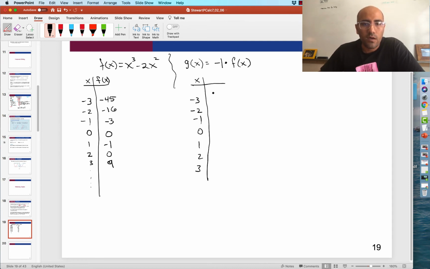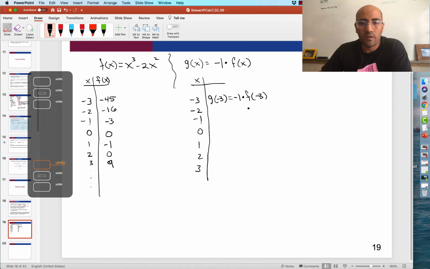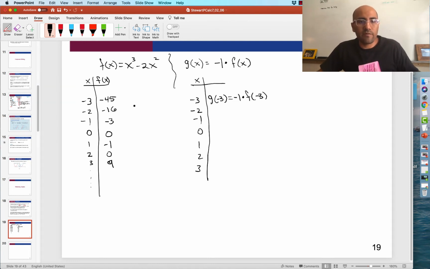Okay, so at, say, -3, the new function g of -3 is equal to -1 times f of -3. So this is saying find the value of -3 from the original function, which was -45, and multiply it by -1.